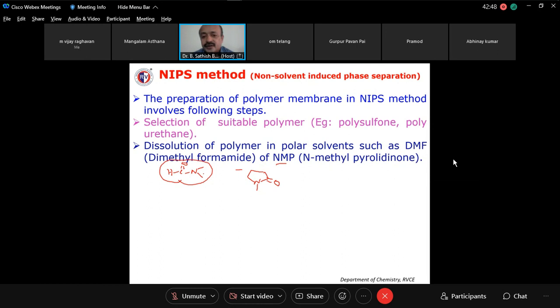These two solvents are usually used in the synthesis of polymeric membranes, because the polysulfone and polyurethane polymers are usually soluble in these solvents, and also these solvents are miscible with water. So just remember N,N-dimethyl formamide and NMP are used as solvents.